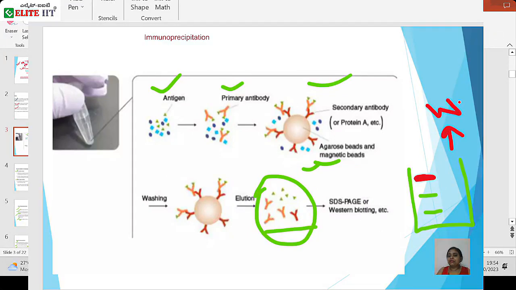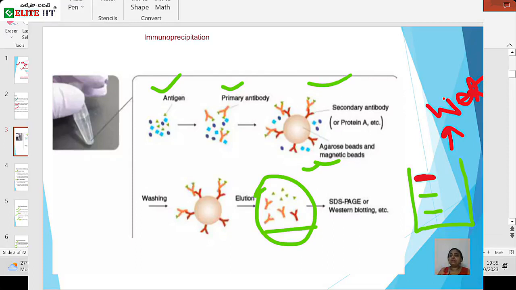Okay, so Western blot. I have not discussed the Western blot, but you just understand what is happening in the Western blot process. From the SDS-PAGE, these bands are transferred to one membrane, a nitrocellulose membrane. It's like filter paper, just paper.